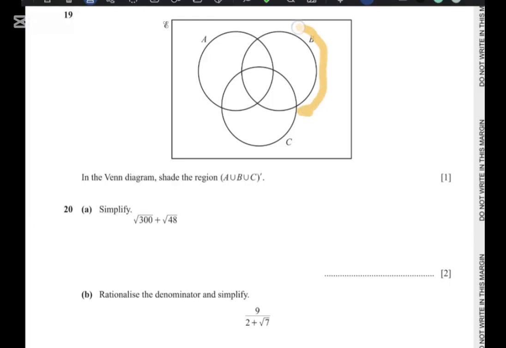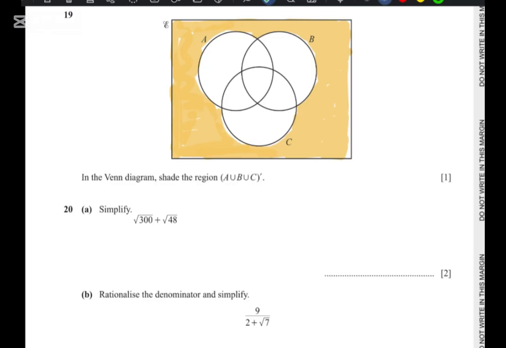Okay, so shade this part. So this is the part which is A union B union C complement.